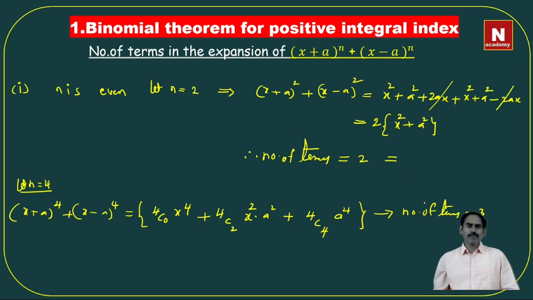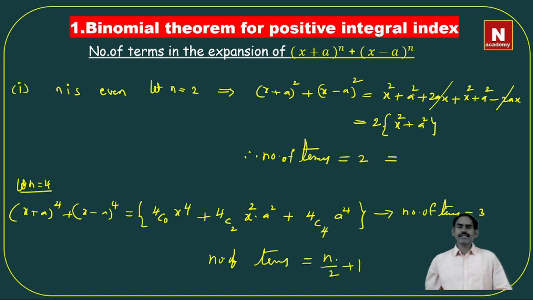With these two examples, we have to generalize this. So using these two examples, I am writing the formula: the number of non-zero terms in this expansion equals n/2 + 1. This gives these two answers. For example, in the first example, if you take n equal to 2 and substitute, you get 2/2 + 1, so 1 + 1, which is 2.